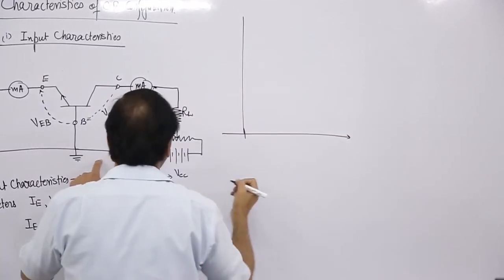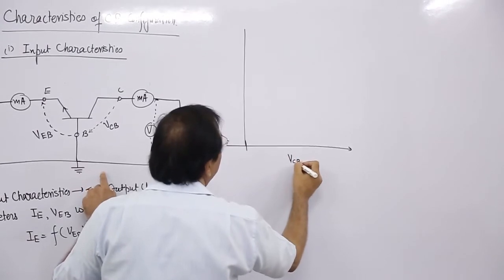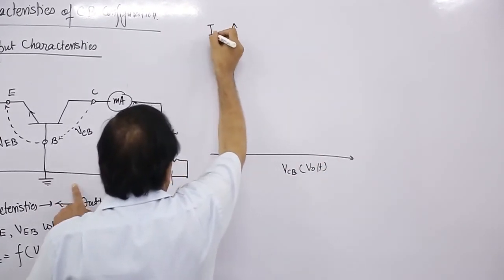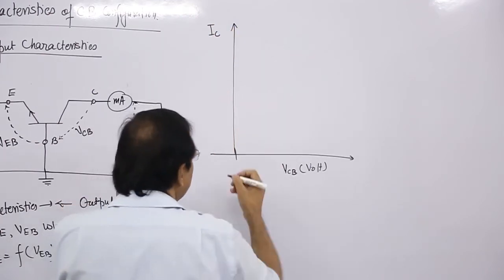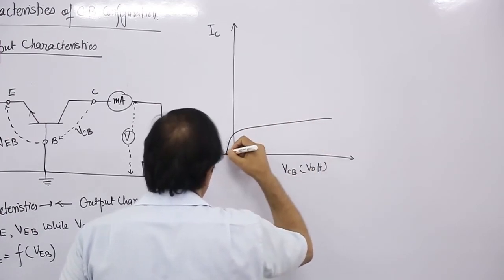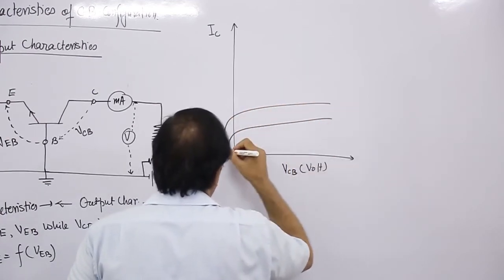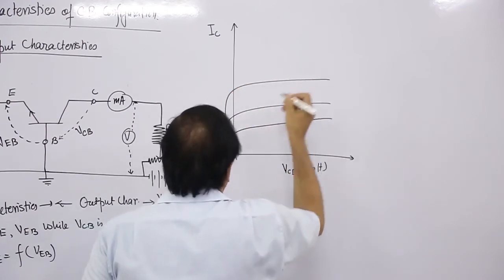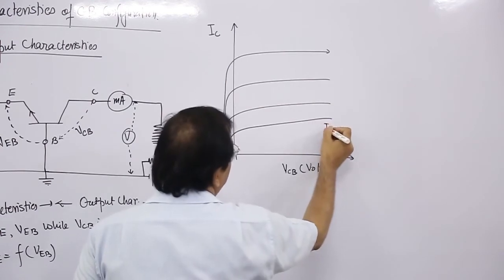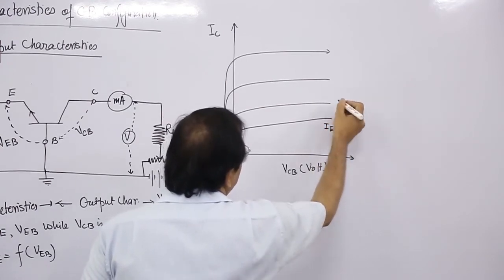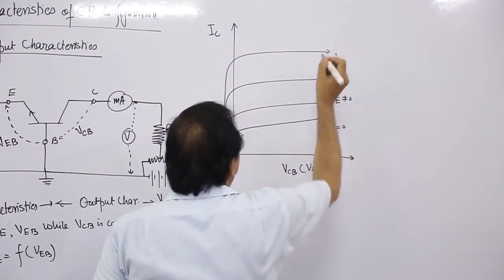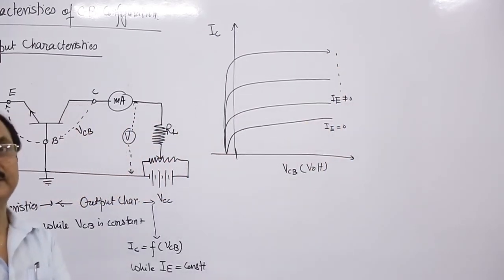This is VCB in volt, and here it is IC. So we have this IE. When IE is 0, there is some finite non-zero current.